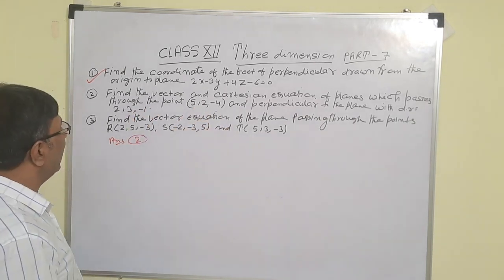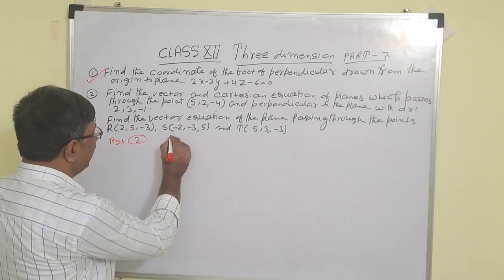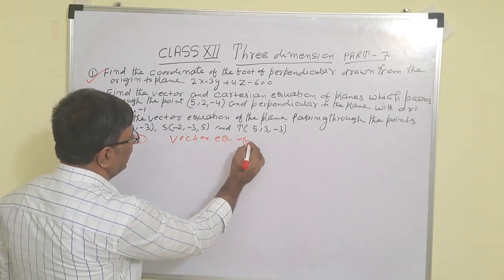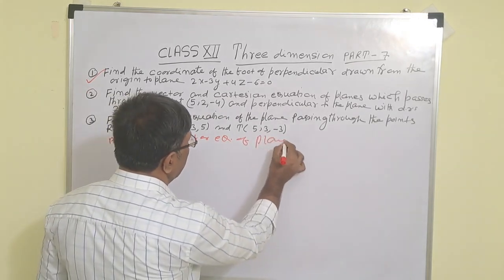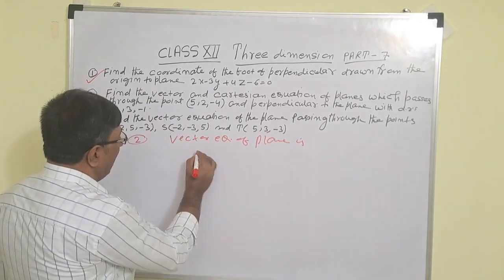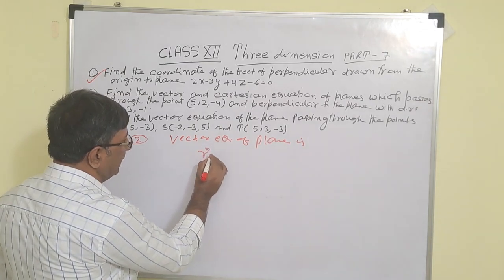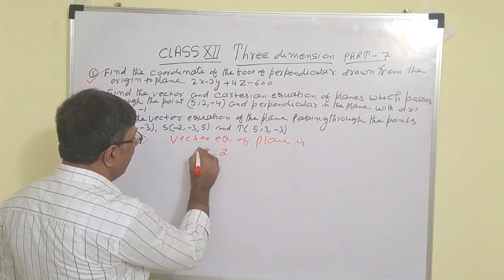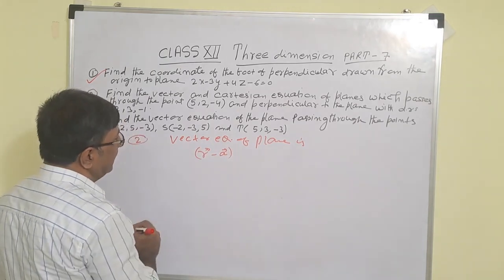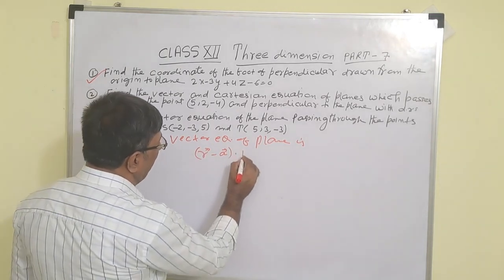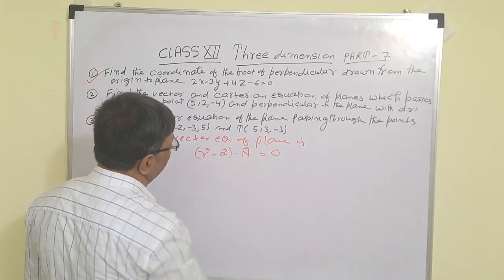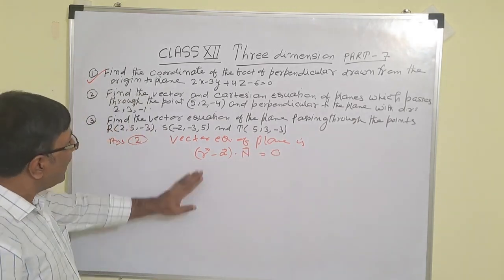So our formula is: the vector equation of the plane is (r vector minus a vector) dot n vector equal to 0. What is the r vector?